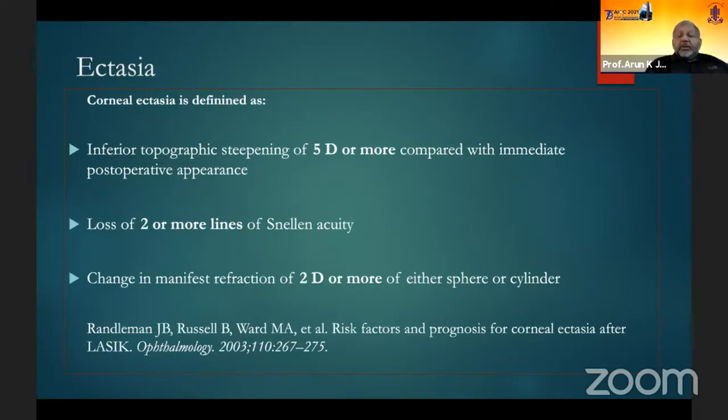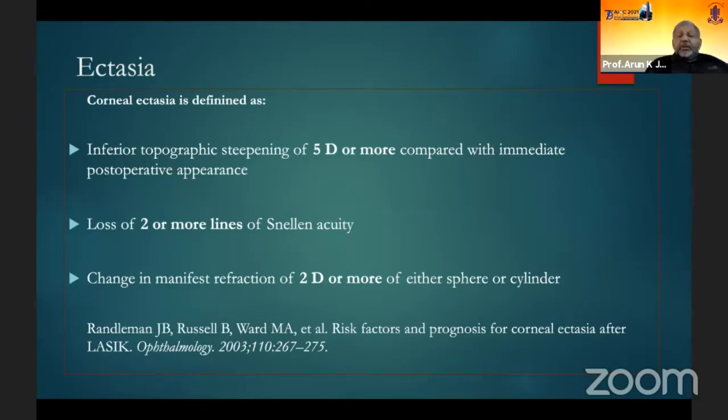There should be a minimum inferior topographic steepening of 5 diopter or more compared with the immediate postoperative appearance, and there should be loss of 2 or more lines on Snellen visual acuity, and the change of manifest refraction should be 2 diopter or more, either sphere or cylinder.